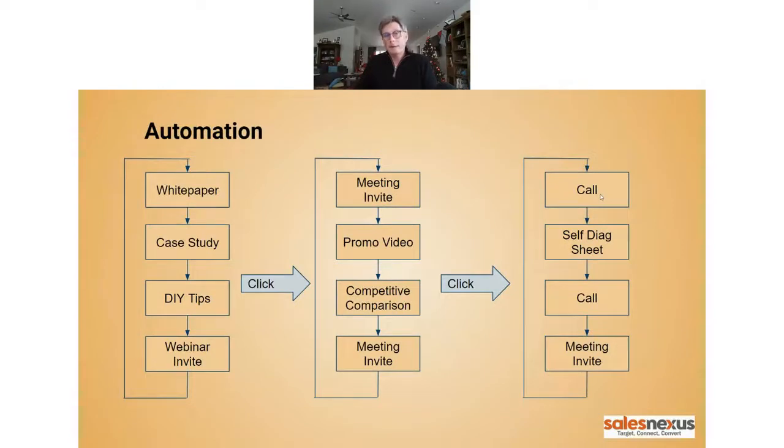And maybe that campaign has calls in it. It's not just emails; it could be any combination. But you're just nurturing them down through the funnel, making sure that they're telling you they're ready to go down to the next layer in the funnel. That's really the key in my view.